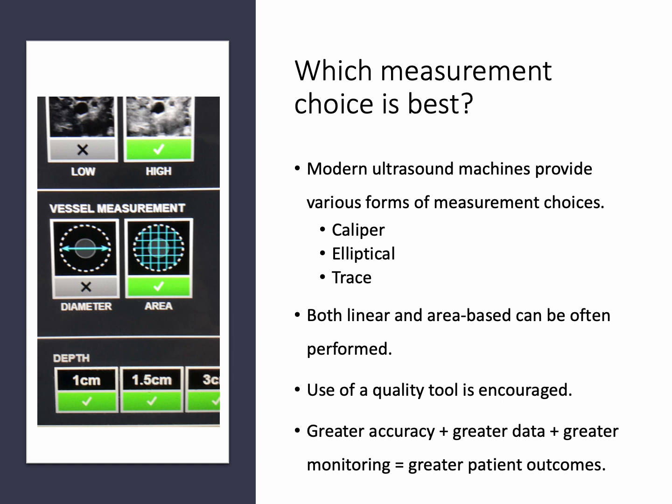And one of the things from our paper in 2017 was what we were trying to encourage was clinicians to make sure that they're measuring the vessel accurately. So if we have greater accuracy, we have greater data, we have better monitoring, and that improves for greater patient outcomes. And I think at the end of the day, that is what the intent is.